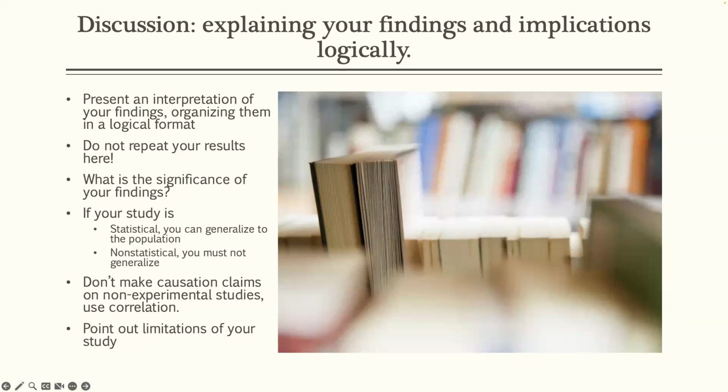So your study may initially aim to be statistical, but at the end may not have sufficient power to explain the variations that you'll find in the population, but still present it. It's still valid, right? Also important that you must not make causation claims on non-experimental studies. Okay, just say it is correlated.